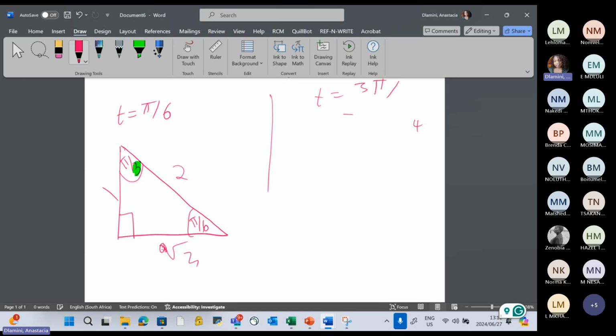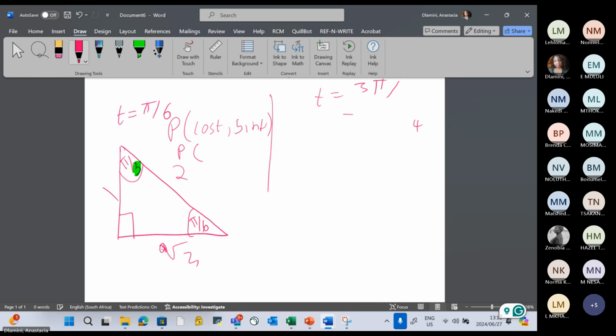Okay, so what is the terminal point for pi over 6? Use the relationship of cos t and sine t. It will help us a lot. So the terminal point of pi over 6 will be what? Cos is adjacent over hypotenuse, isn't it?